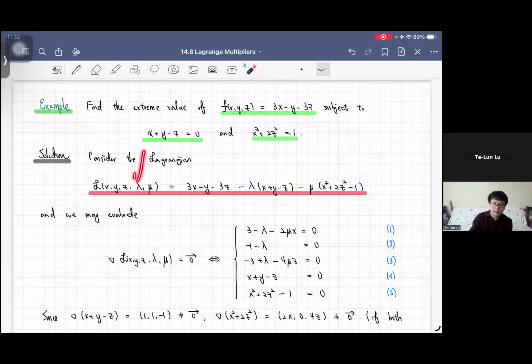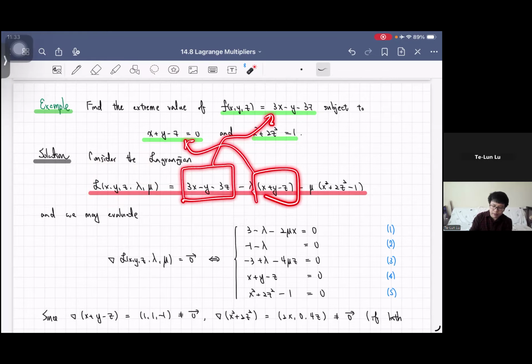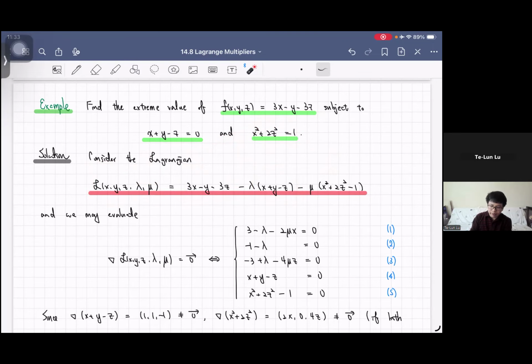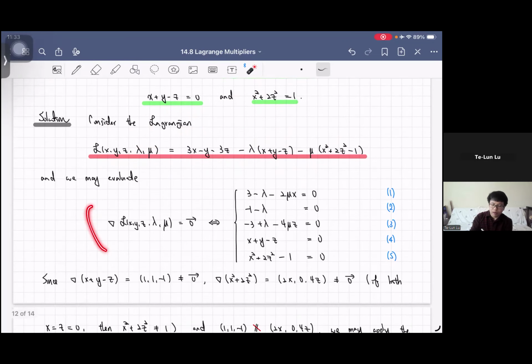Now there are 2 constraints, so lambda and mu, where this is the first function, the target function, minus lambda times the function here, and minus mu times the function here. Now we solve for the gradient being 0, the critical points of the Lagrangian, and it turns out that you have 3 equations from the gradient part and 2 equations from the constraint part. So you have 5 variables, x, y, z, lambda, mu, and 5 equations.